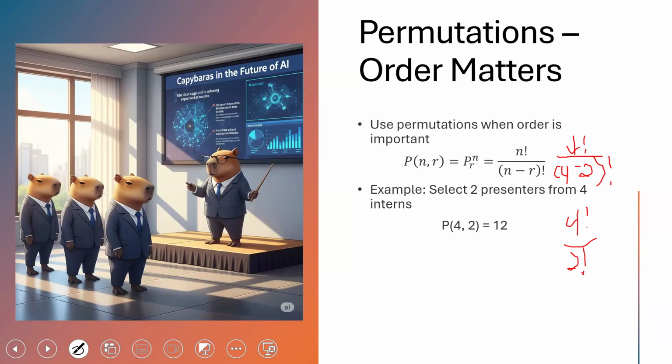Well, 4 factorial is 4 times 3 times 2 times 1, so that's 24. 2 factorial is just 2 times 1, so that's 2. 24 over 2 is 12. So this means there are 12 different ways to pick and order those 2 presenters.